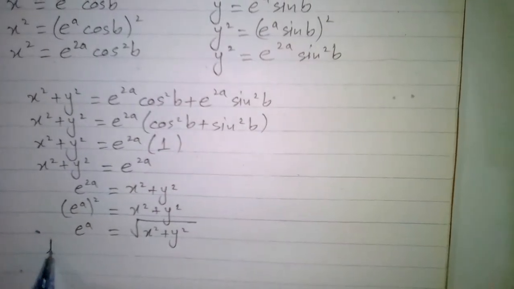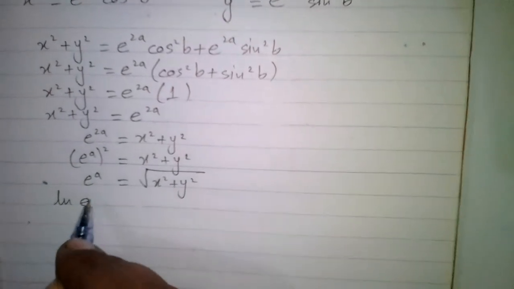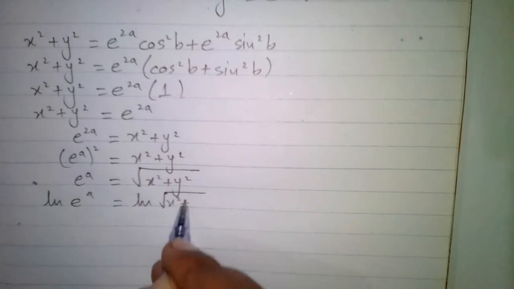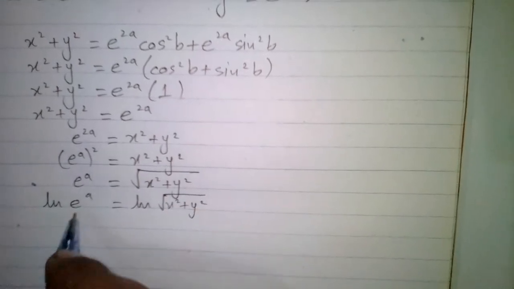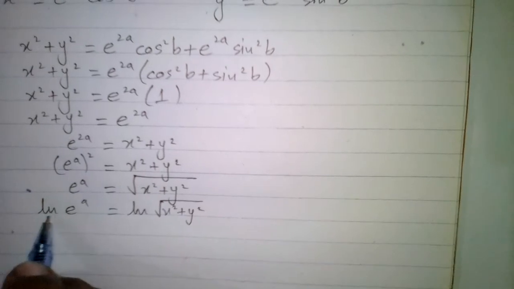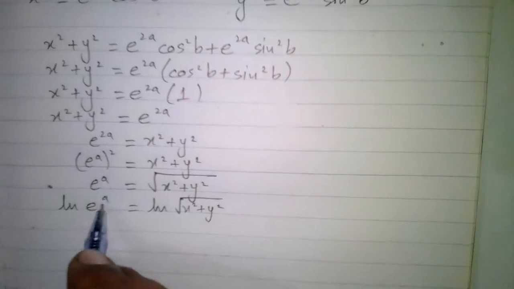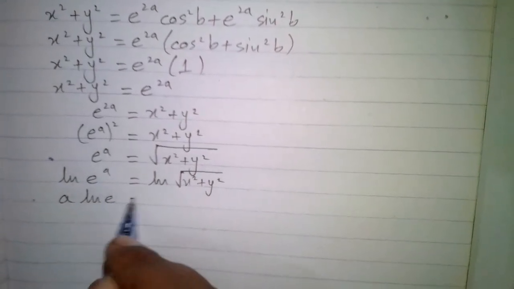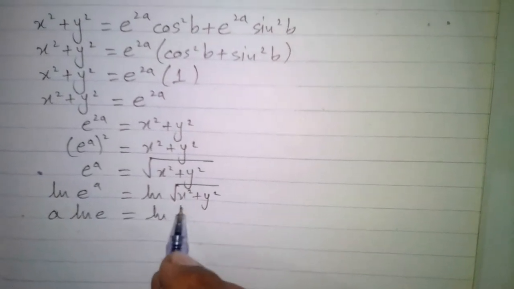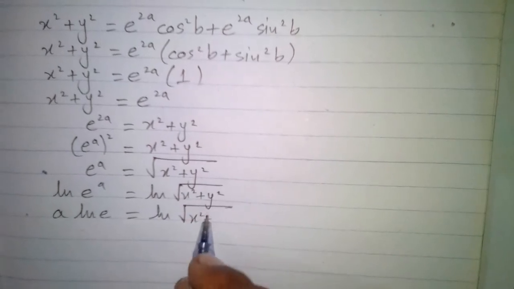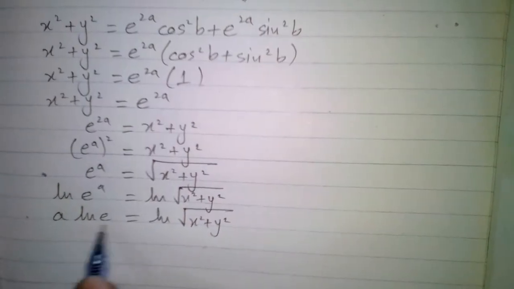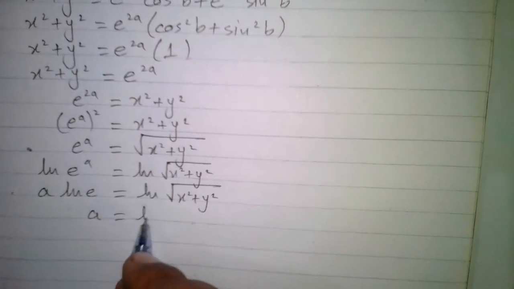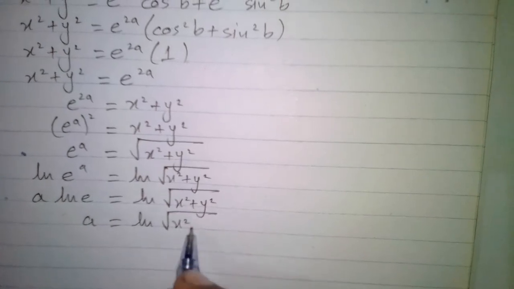Now we can take log of both sides, so we have ln of e to the power a is equal to ln of square root of x square plus y square, and this is the property of a log that power will become the coefficient of the log. So we have a times ln of e is equal to ln of square root of x square plus y square. Now ln of e is equal to 1, so a times 1 is equal to a, which is equal to ln of square root of x square plus y square.